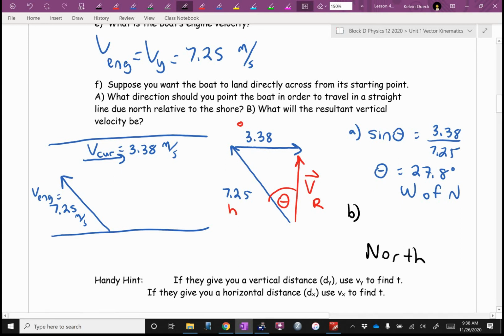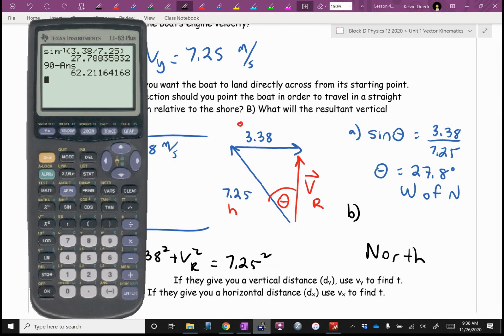But Pythagoras, am I finding the hypotenuse this time? So it's not going to be this squared plus this squared. It would be 3.38 squared plus VR squared equals 7.25 squared. There's your Pythagoras equation. How would I get the VR by itself? Subtract what? Stop using terms like it.